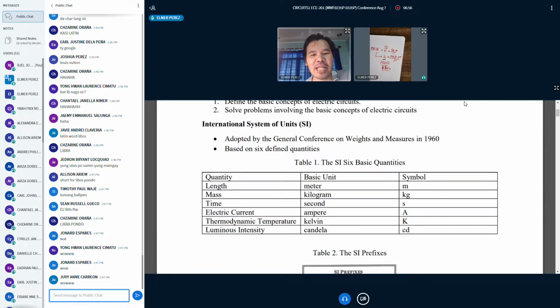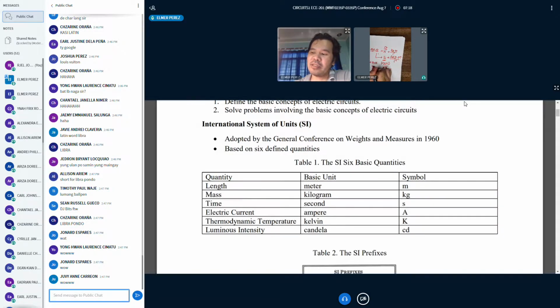Yung iba, kaya sinabi itong basic ito, pag pinagsama-sama mo yung 6 na yan, makakabuo ka nung ibang quantity. Like, kung may meter ka, i-multiply mo ng meter, so length times length, makakakuha ka ng area.